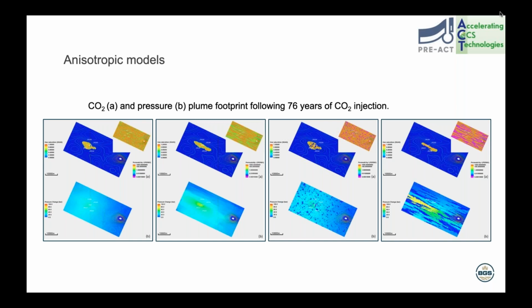So we have now a whole suite of models that we are using to best represent the subsurface to test our conformance protocols, but that I want to state do not necessarily match what we expect to see in the subsurface at Endurance. Next slide, please.